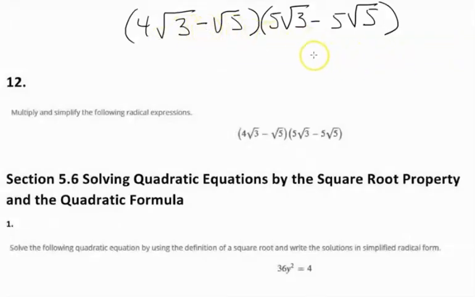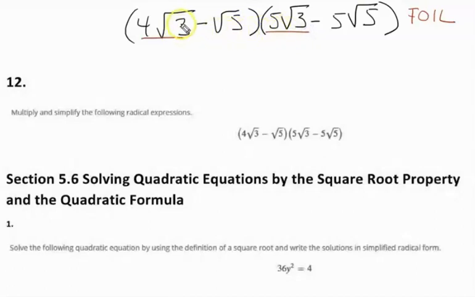Two-term radicals, and we're multiplying them. And you might say, well, what method would we use? Well, you're going to use FOIL. And I'll write it out for you, and you can kind of follow along with me. We're going to multiply this by this.